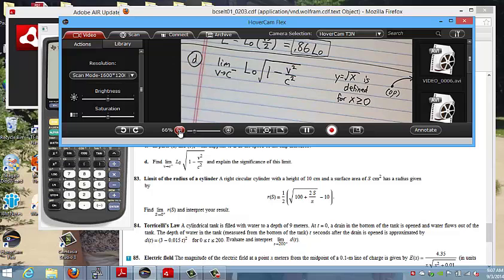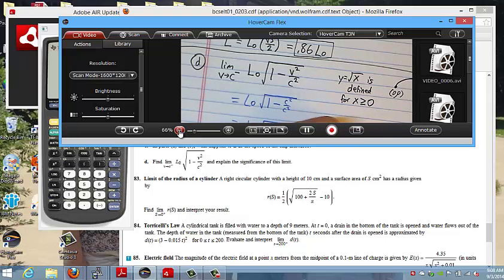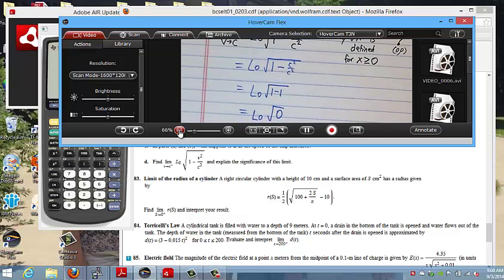So as I approach c, you get L naught times the square root of 1 minus c squared over c squared. So you get L naught times the square root of 0, which of course is what?